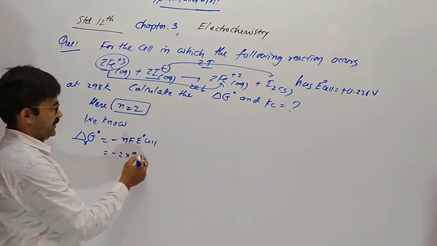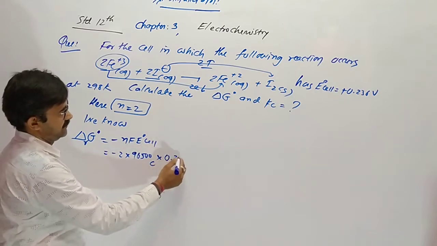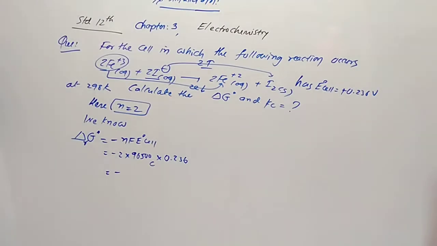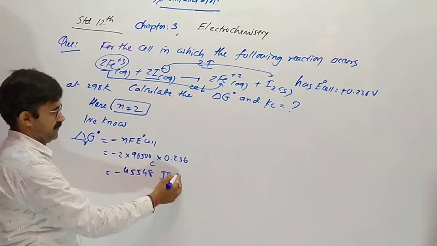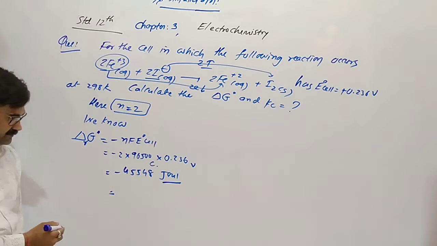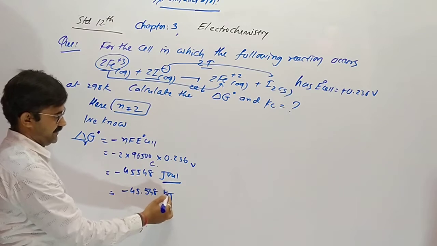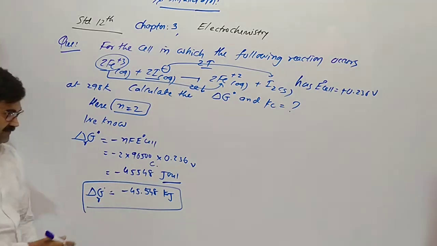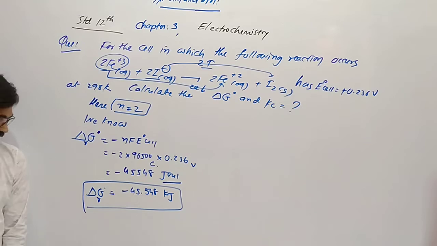E° cell is given as 0.236 volt. So on multiplication we get 45548 joule, since coulomb into volt gives joule. When we divide by 1000 it gives kilojoule. So the standard Gibbs free energy in kilojoule is 45.55, rounded off.